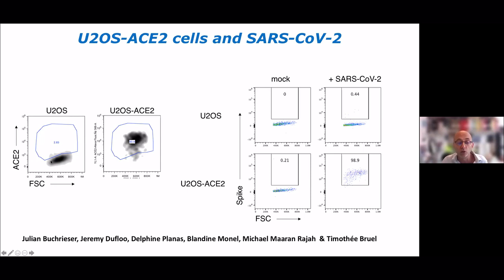Those cells do not express the receptor, so we stably introduce the receptor in those cells. Without the receptor, there is no fusion and no viral replication at all. But in the presence of the receptor, the cells become very sensitive to SARS-CoV-2 infection.